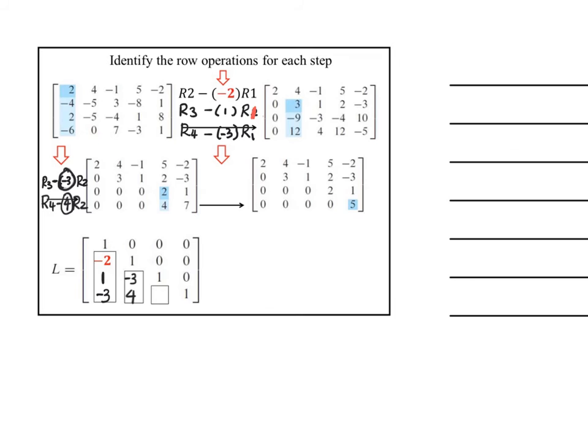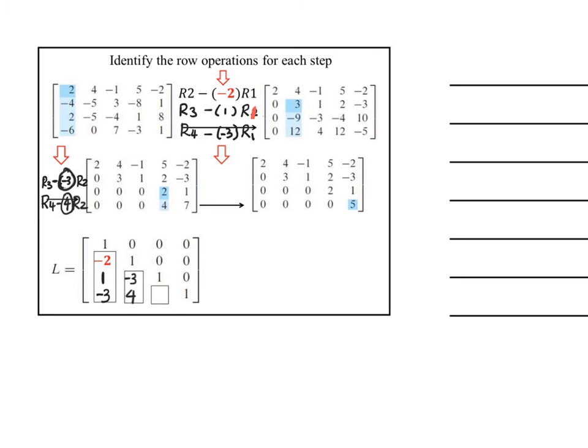So continue this process. Please check these two rows to make sure that they are correct. These two rows come from these two elementary row operations.